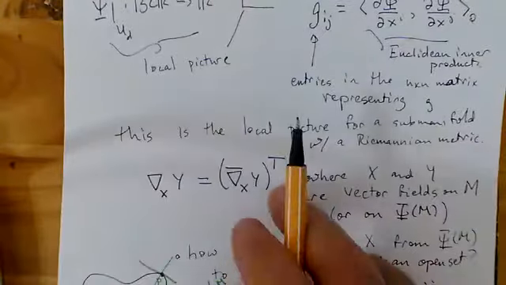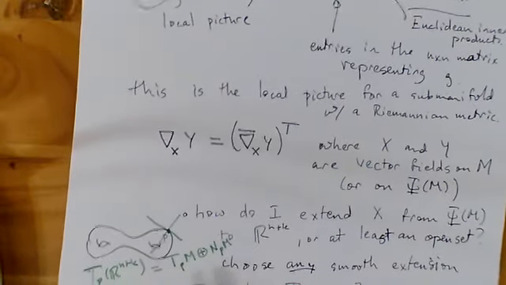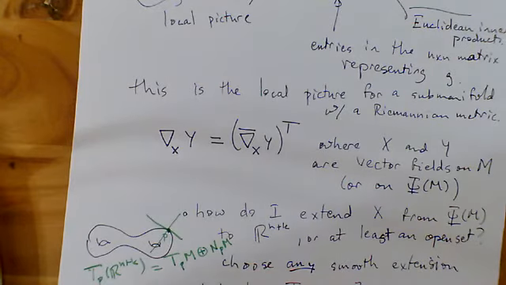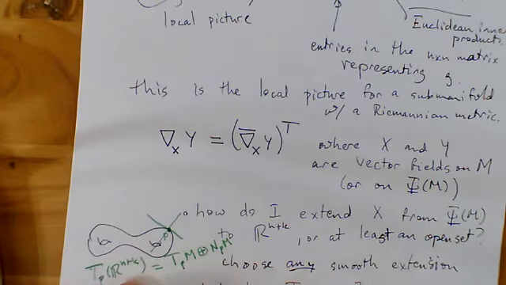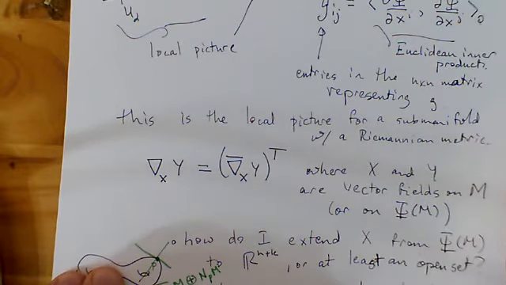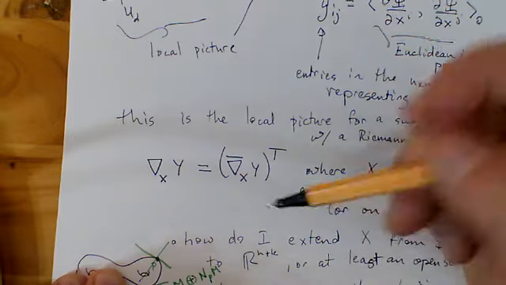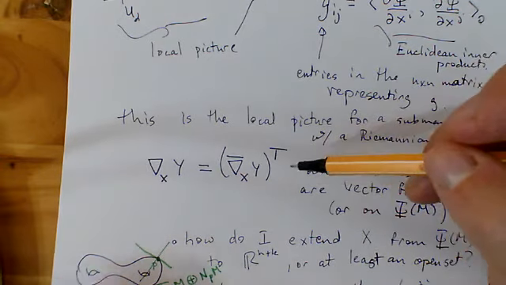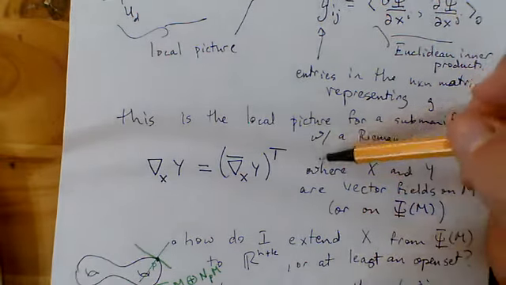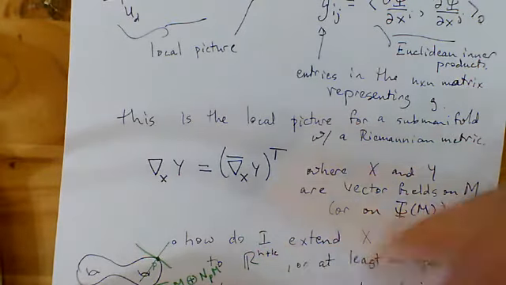And this tangent projection is with respect to this orthogonal splitting. So this allows you to take derivatives of vector fields along these submanifolds. Okay.